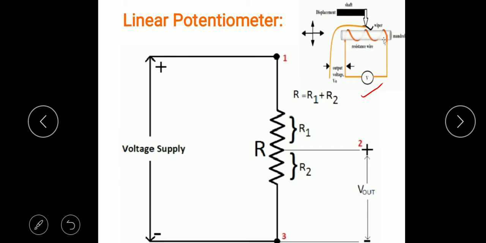Then that wire is wound on that resistance body or insulated body, and the other end comes back to the initial position. In this way the whole circuit is completed.